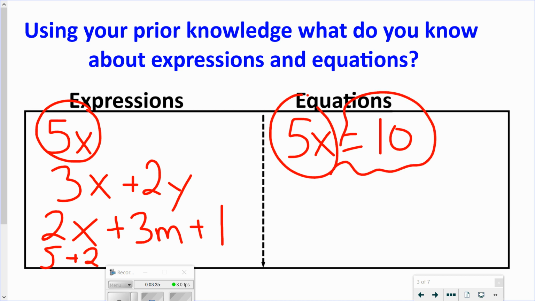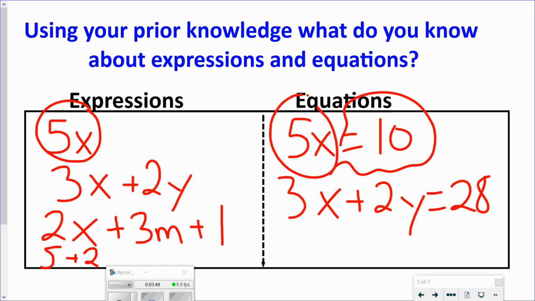So that's important. That's the difference between an expression and equation. There's going to be an equal sign there, and it actually equals something. So for this example, we can have 3x plus 2y equals 28. Those are all equations. And you could do that for each one, really. But that's the difference between an expression and an equation.